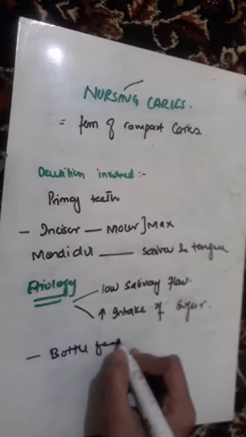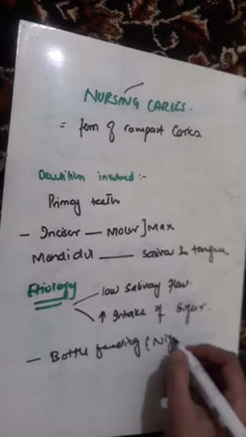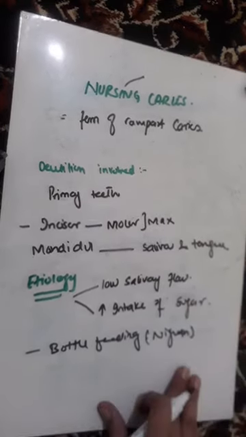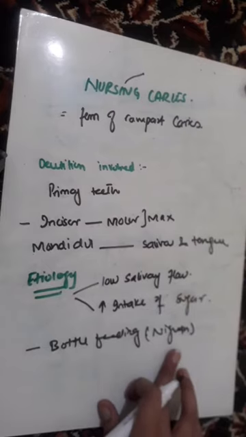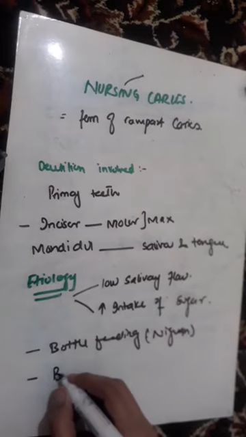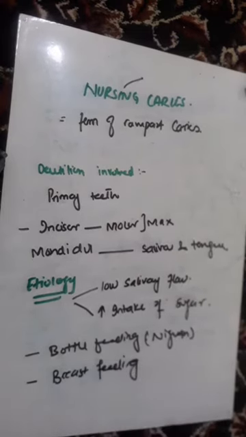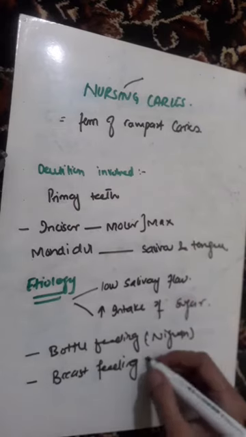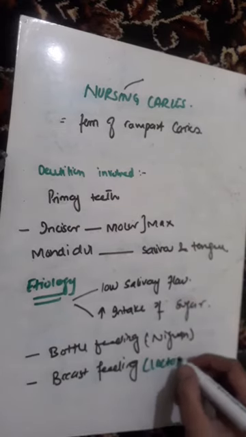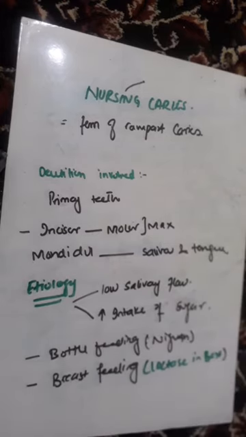It is bottle feeding, mostly at night, as the child keeps on suckling during the night, so it affects. Then comes breastfeeding. How does it affect? The lactose in breast milk causes this caries.